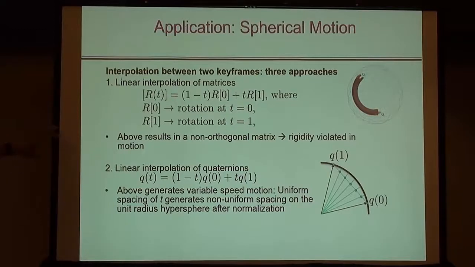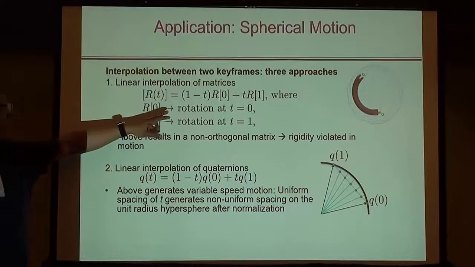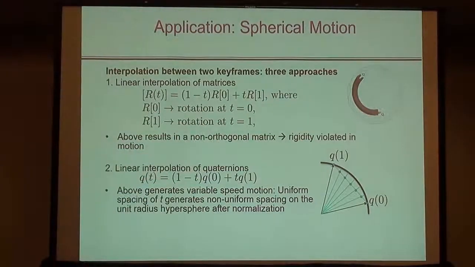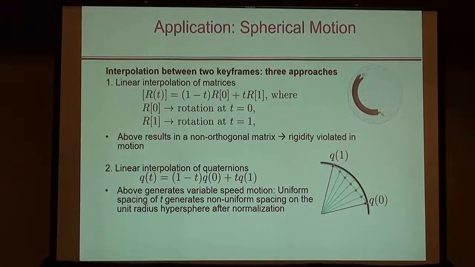And here's one example. Let's say you have 2 orientations in space, so let's say this is one, and this is another one, and you want to find a rotation that connects the first one to the last one.